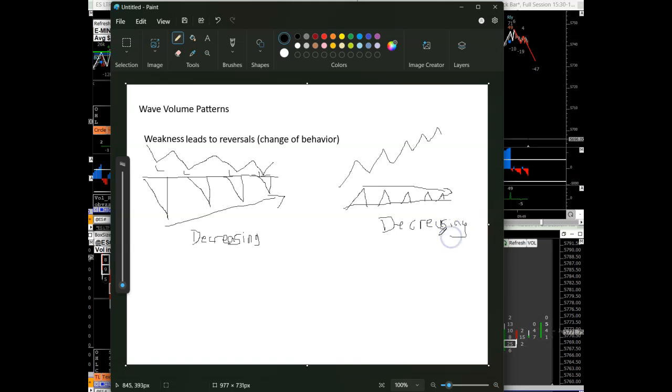And this is basically just common sense. This is normal market behavior. Why? The higher the price, the less I want to buy. The less people want to buy. The less smart money wants to buy at high prices.